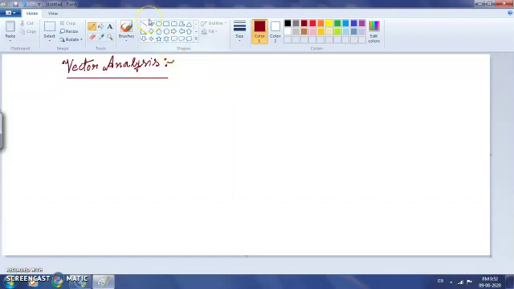I will try to explain that a scalar quantity has only magnitude, but a vector quantity has both magnitude and direction. So first of all, we have to know the conception about vector.